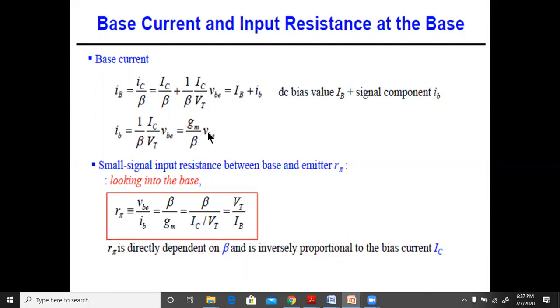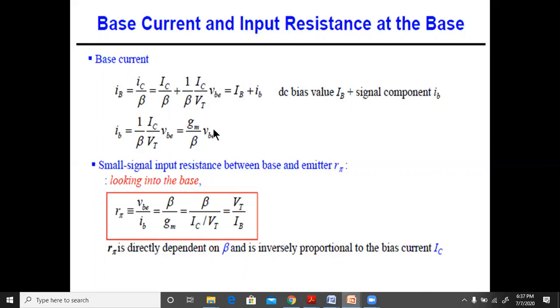So the input resistance at the base is generally considered as the input voltage at the base divided by the base current, VBE by IB. If I take this term on that side, it will become beta by gm.